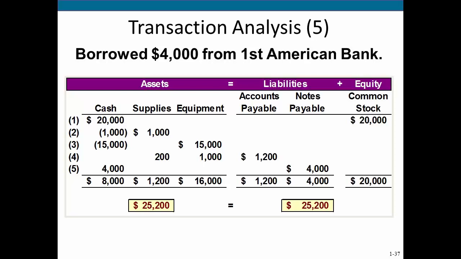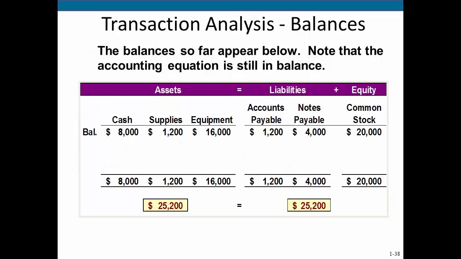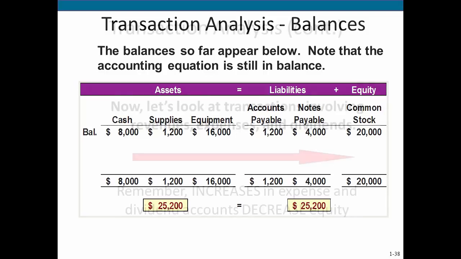The liabilities plus equity side of the equation has the same total balance of $25,200, so our books are in balance. Notice that the sum of all assets, $25,200, is equal to the sum of liabilities, $5,200, plus equity, $20,000. The accounting equation is in balance as required.